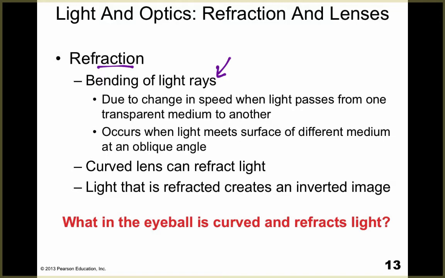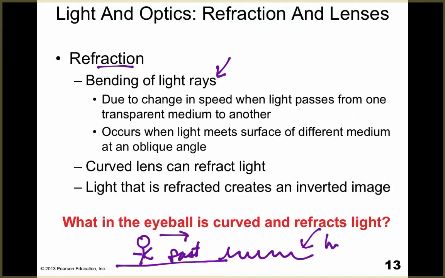So the best way that I can talk about this is if you're on a beach and you're running this way through the air, you can run pretty fast. But what happens once you hit the water? You'll slow down.